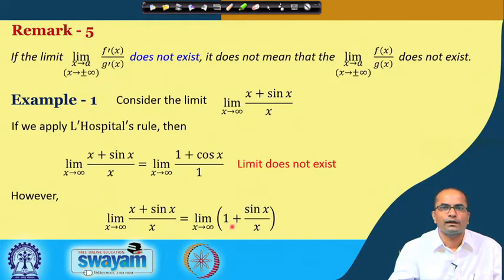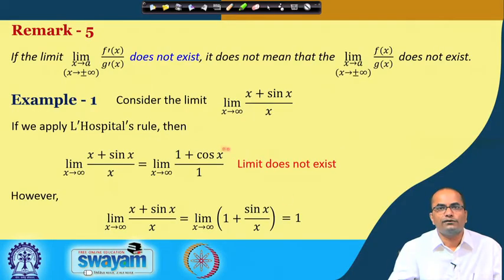So, 1 plus sin x over x. When x goes to infinity, sin x is something finite, and something finite divided by infinity goes to 0. So the second part, sin x over x, goes to 0 as x goes to infinity. We have 1 plus 0, so the limit is 1.